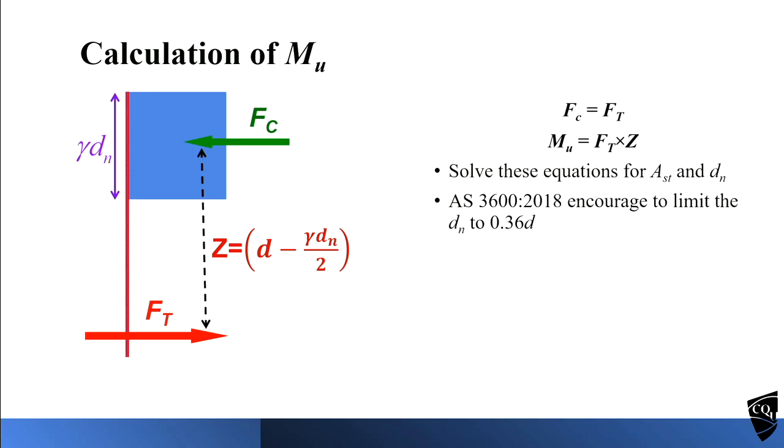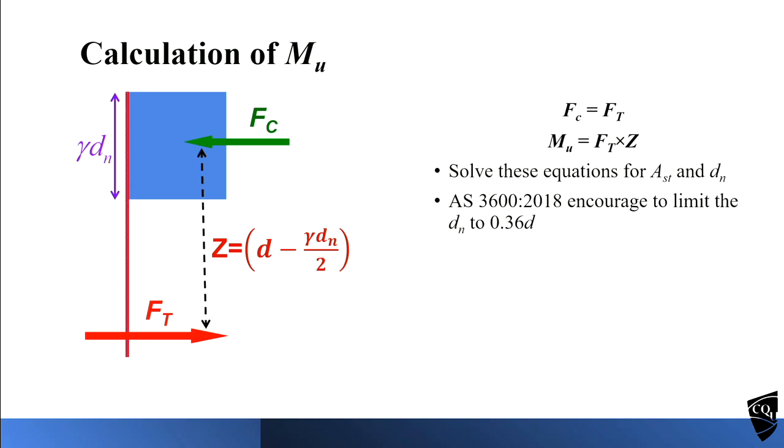So technically you need to increase the Ft. What is Ft? Ft is equal to Ast, the area of steel, times the yielding strength. So if you want to increase the Mu, you need to increase the Ft, and to increase the Ft, you need to increase the steel area.